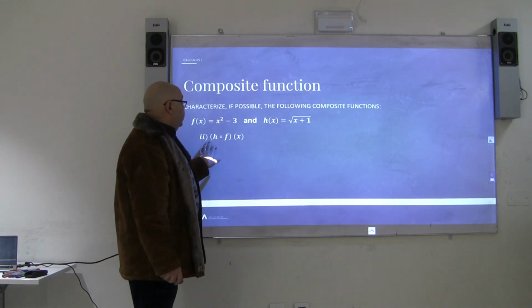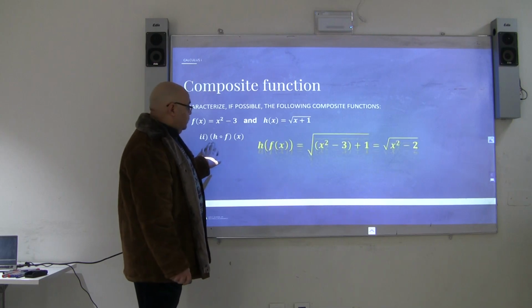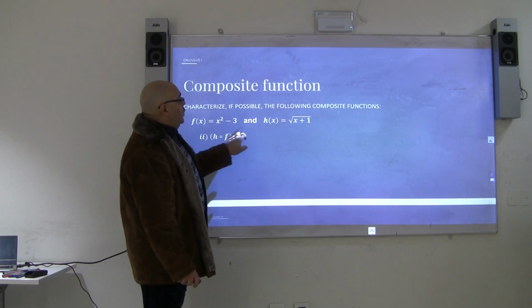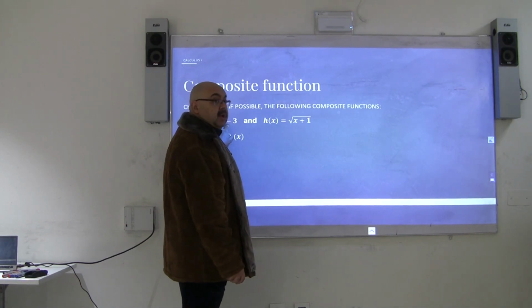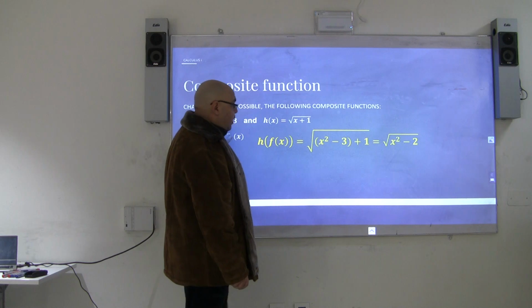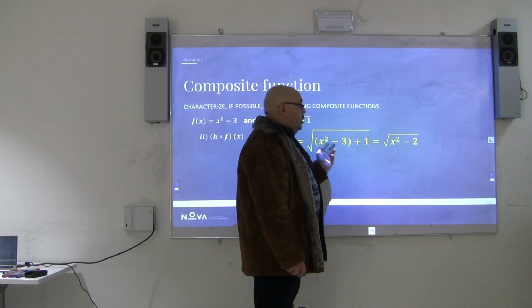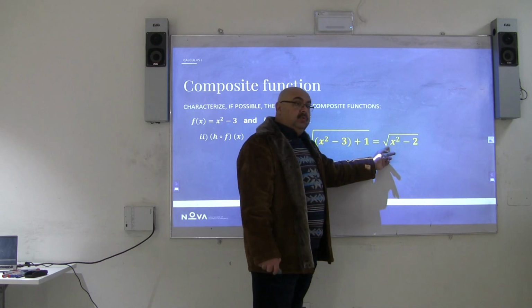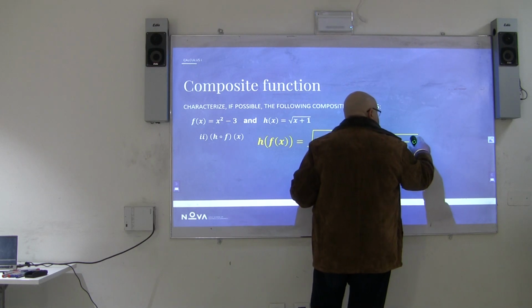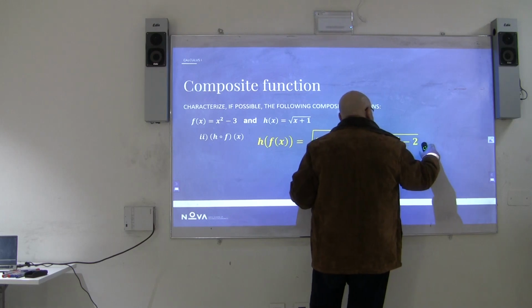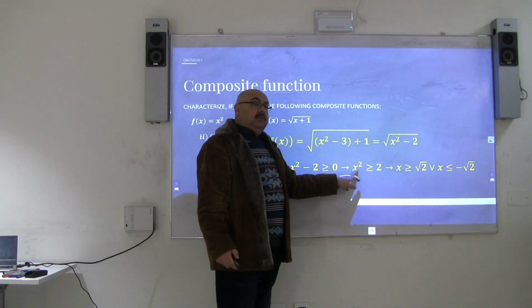Another problem, getting h as a composite of f, is also possible. All I have to do is to get h and replace x in here by x squared minus 3. If I did so, Omar, I will have, instead of x, x squared minus 3. Negative 3 plus 1 is going to be negative 2, and then I will have to be sure that x squared minus 2 is greater than or equal to 0, which means x squared must be greater than or equal to 2.